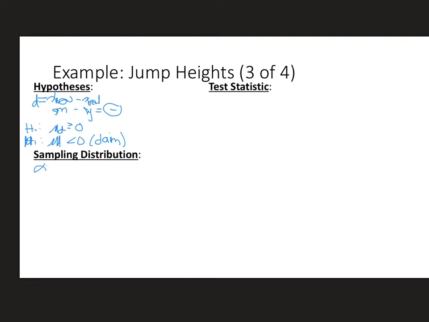So let's go ahead and write our alpha here is 0.01, and our sampling distribution is going to be a left-tailed test. I have used Excel to find all of this information. So mu sub d equals 0. That's coming from our hypothesis. D bar is our mean, so negative 1.75.